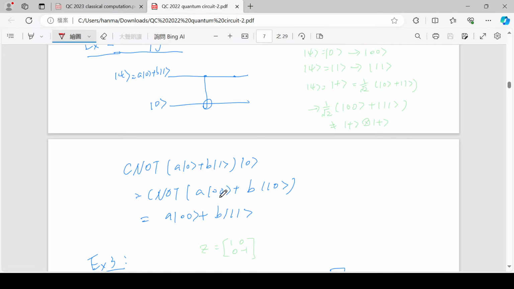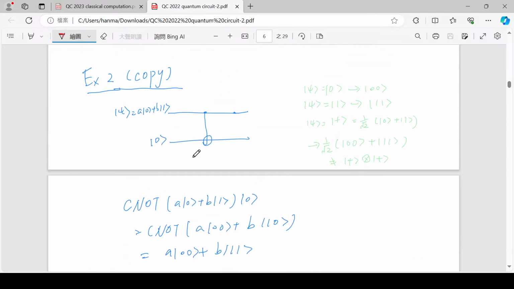For 00, you add 0 to 0, it's still 0, so it's still a00. And for b10, you see 1 here, so you add 1 to 0, and it becomes b11. So this (a0 plus b1) times 0 becomes a00 plus b11. And you see that this is an entangled state when a and b are not these 0, 1 cases.